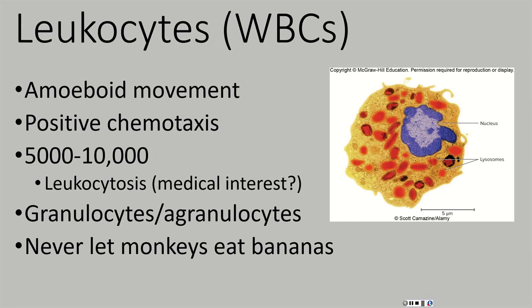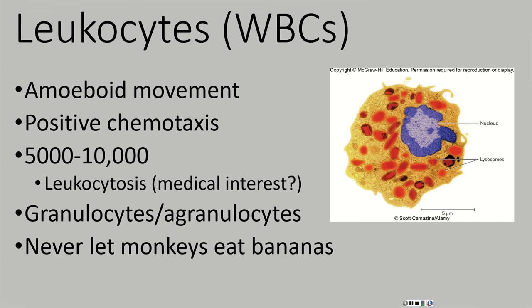But they have some things in common. They all have amoeboid movement, which you may be familiar with, you may not. But amoeba are little single-celled organisms that you may have looked at in high school. They look like little blobs, and they crawl around on the slide when you're looking at them. And leukocytes do the same thing.